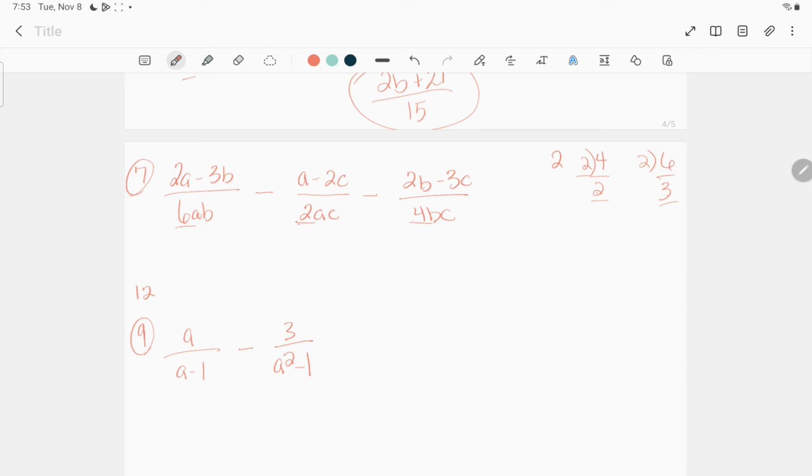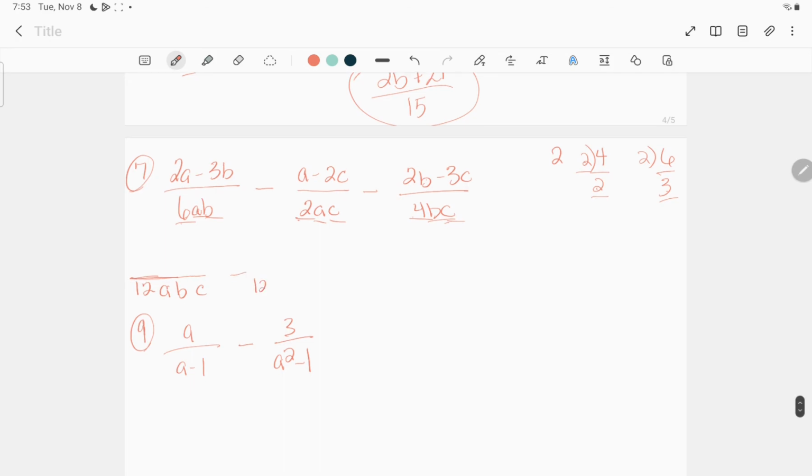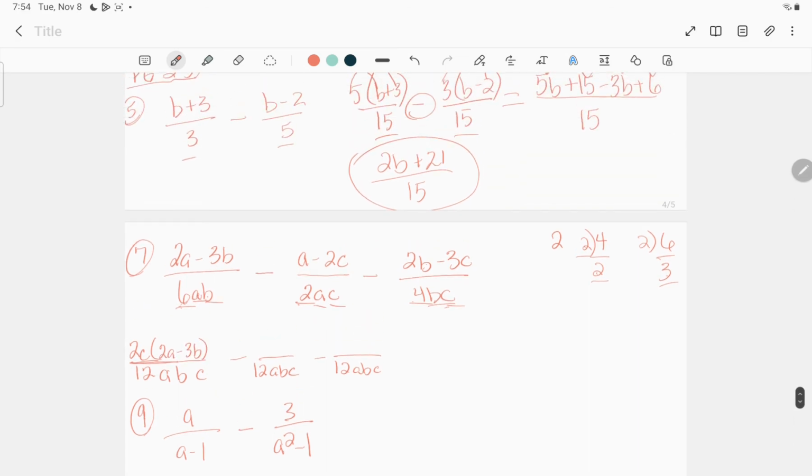So I'm going to write 12. Then I have an A, but I don't have an A in that one, so just one A. Got a B, so just one B, and then a C and a C, so just one C. So 12ABC. 12ABC divided by 6AB is going to leave me with 2C. 12ABC divided by 2AC is going to give me 6B, A minus 2C.